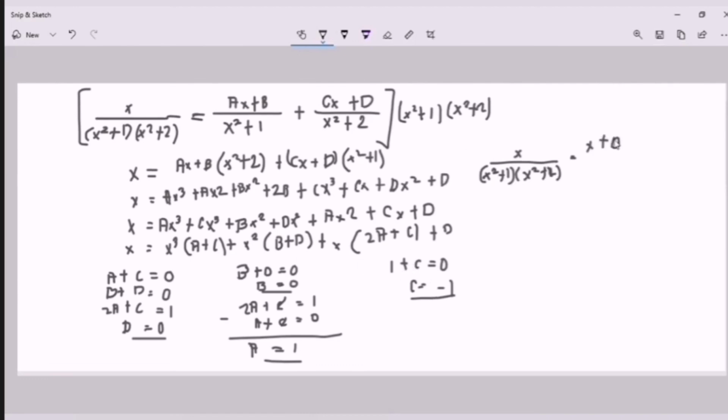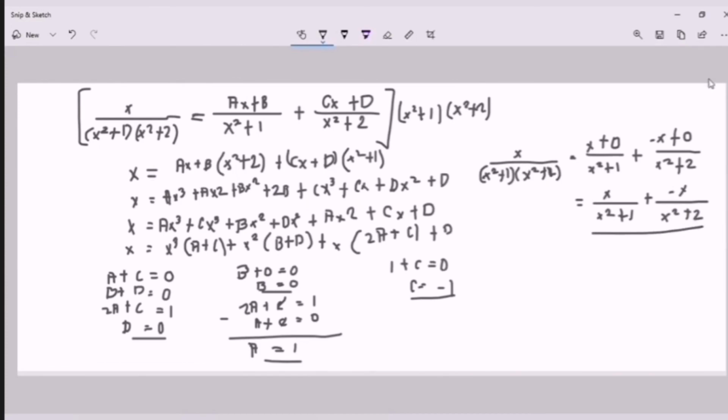So that gives us x plus 0 all over x squared plus 1 plus negative x plus 0 over x squared plus 2. Then simplifying, we have the final answer: x over x squared plus 1 plus negative x over x squared plus 2. So that's now your answer.